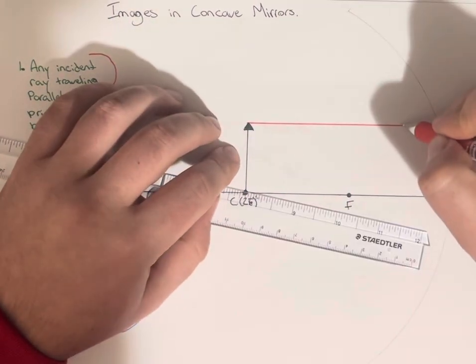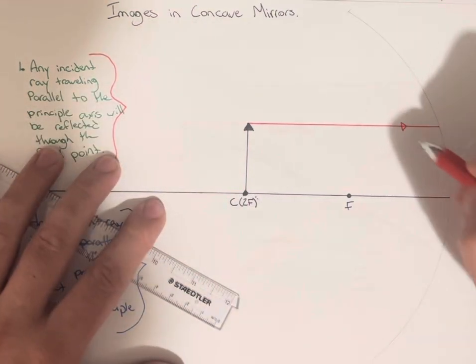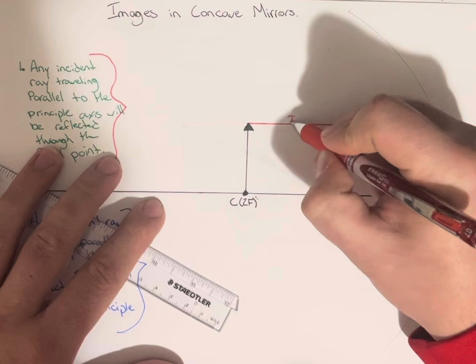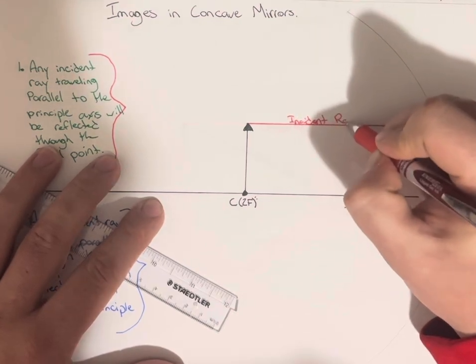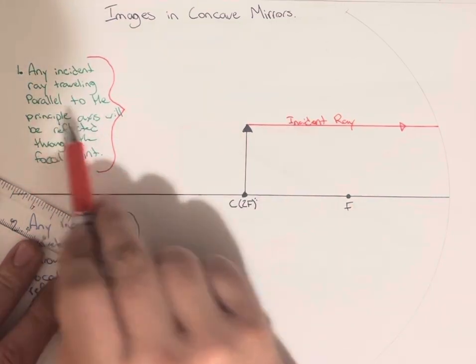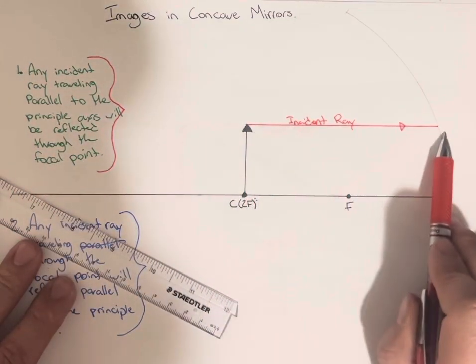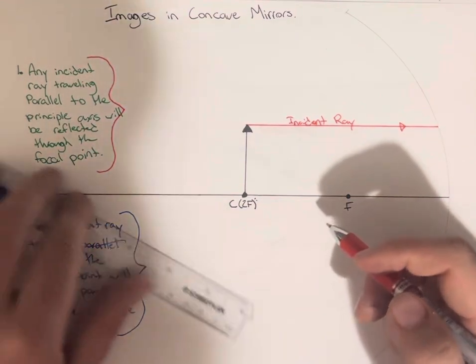into that mirror. Again, our process is going to be the same. I'm going to put a little arrow here to show that this is an incident ray. Now we know, given the rule, if it is traveling parallel to the principal axis, which this incident ray is, the reflected light is going to come directly through the focal point.